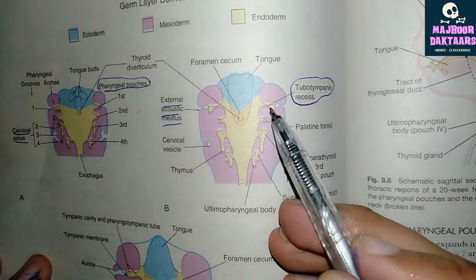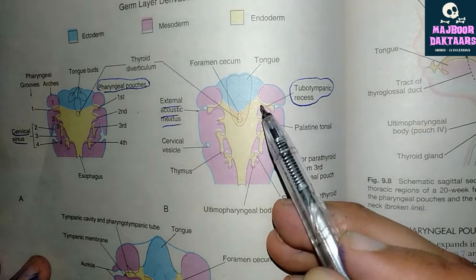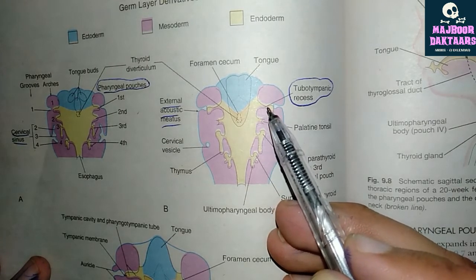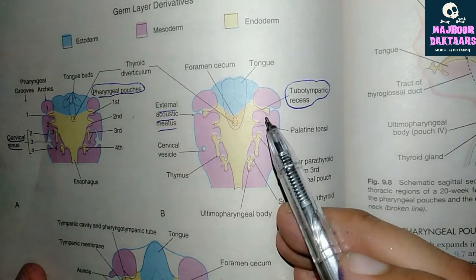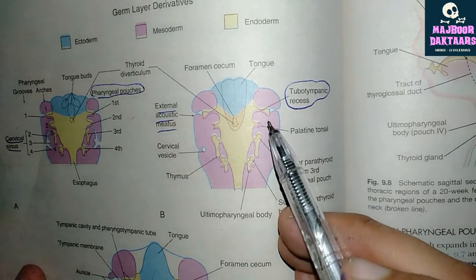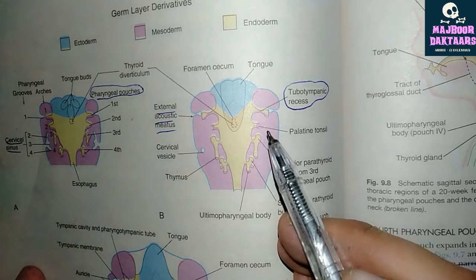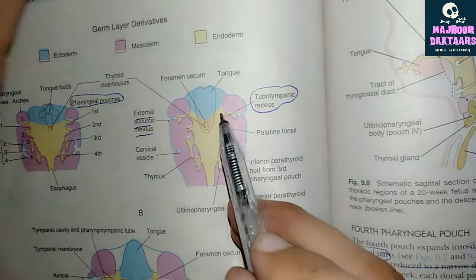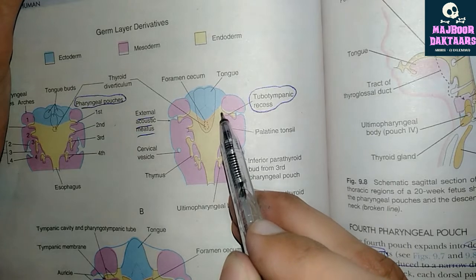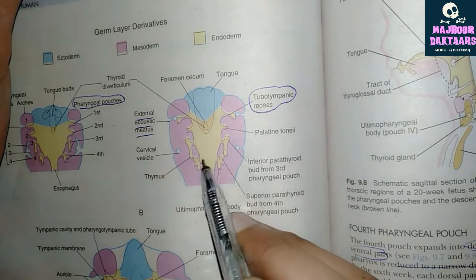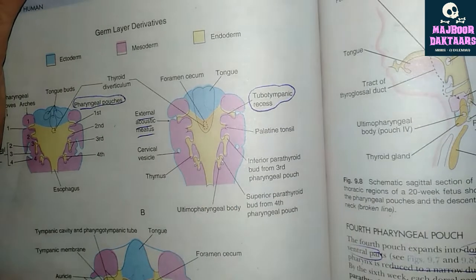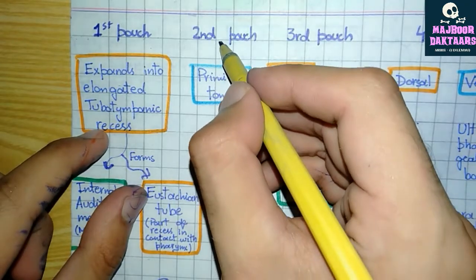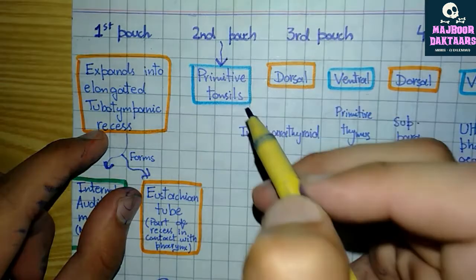Here is the first pouch, which goes into an elongated tube known as the tubotympanic recess, and that gives rise to the middle ear and the eustachian tube. The part of the recess which is in contact with the primitive pharynx gives rise to the eustachian tube. The second pouch gives rise to the primitive tonsil.